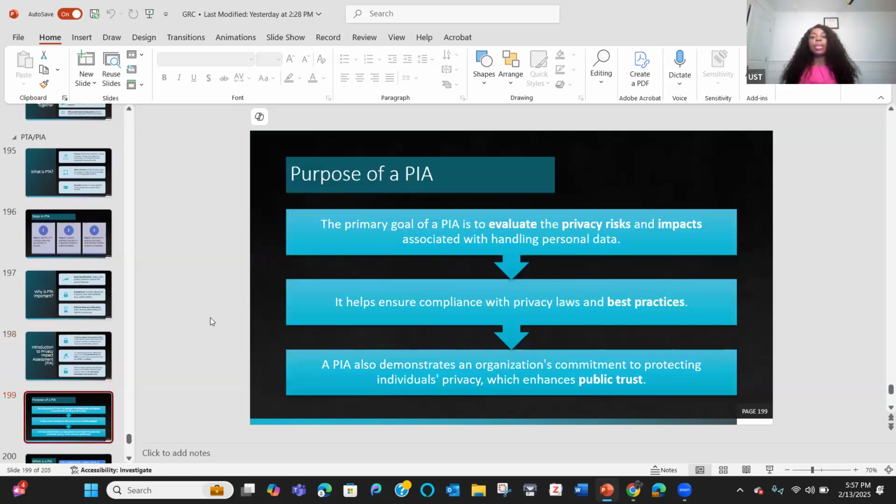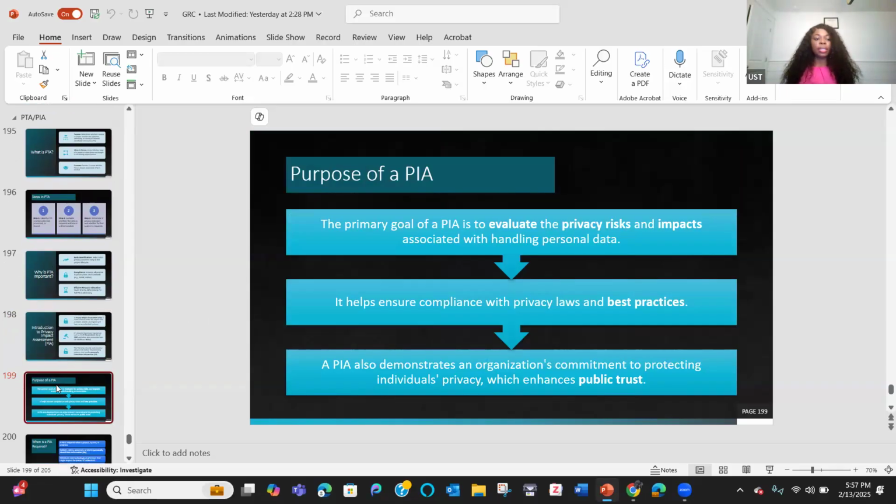Purpose of a PIA: the primary goal of a PIA is to evaluate the privacy risks and impact associated with handling personal information. It helps ensure compliance with privacy laws and best practices. A PIA also demonstrates an organization's commitment to protecting individuals' privacy, which enhances public trust.